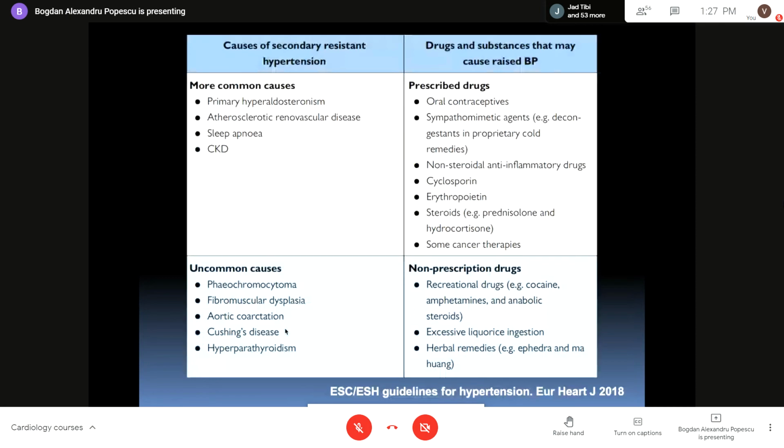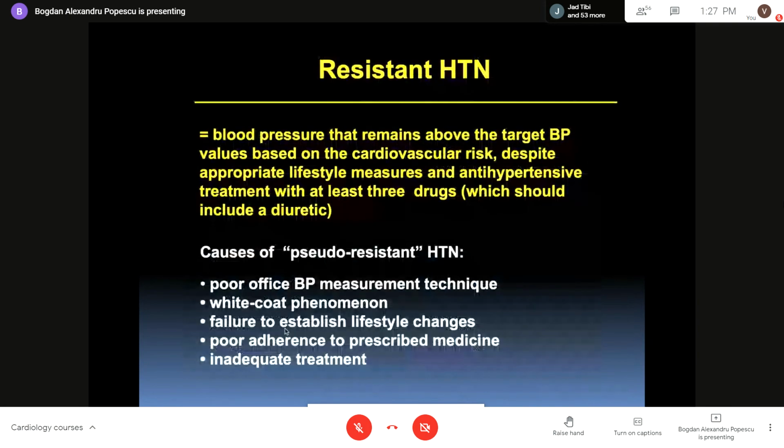Finally, I just have 3 more slides about resistant hypertension. I told you that means that blood pressure remains above target blood pressure values as we defined previously, despite appropriate lifestyle measures and antihypertensive treatment using at least 3 drugs, including a diuretic.